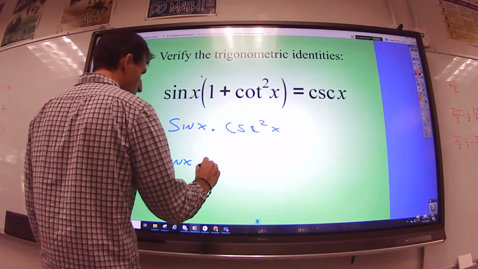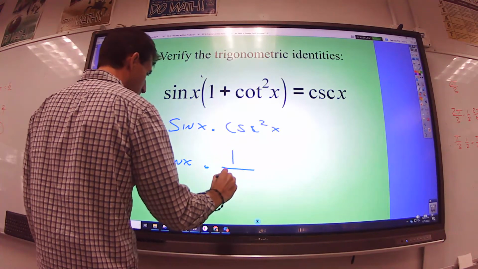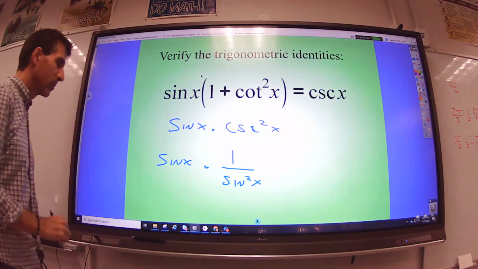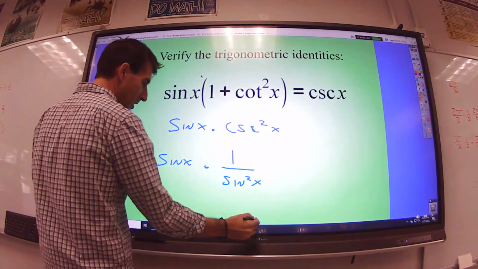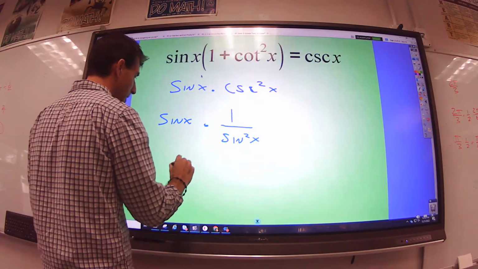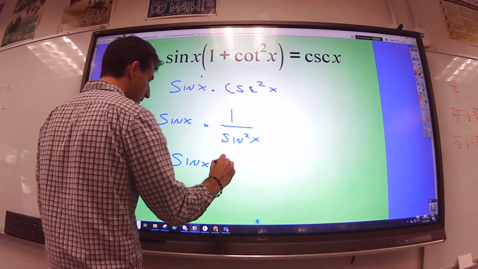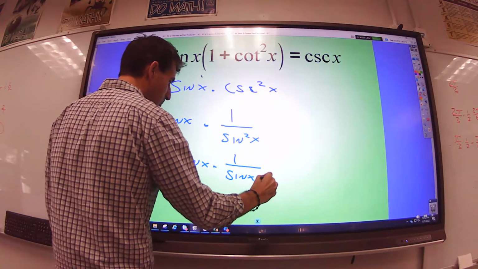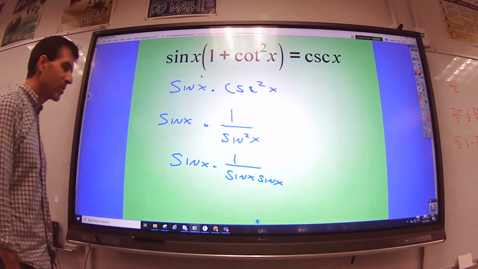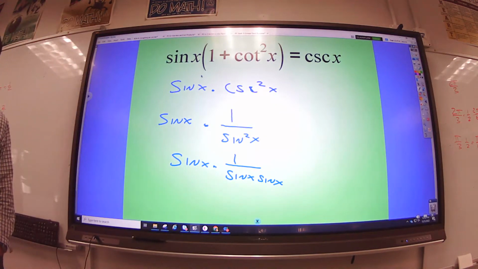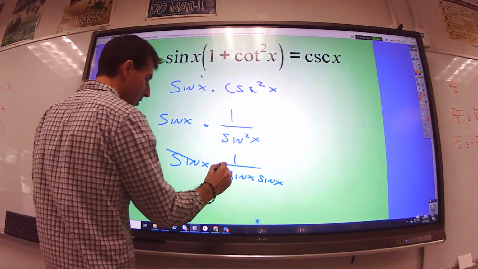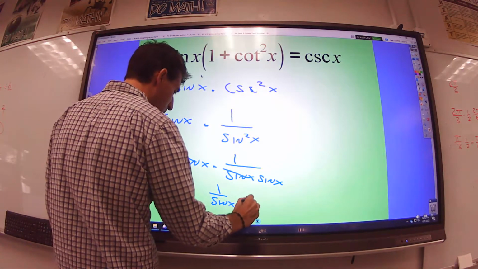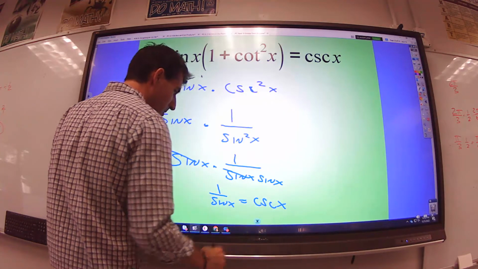Sine x times 1 over sine squared x. I know you guys don't need this extra step, but I'm going to write sine x times 1 over sine x times sine x, right? Sine squared x is sine x times sine x. And you cancel out a sine x, and we get 1 over sine x, which is equal to cosecant x.